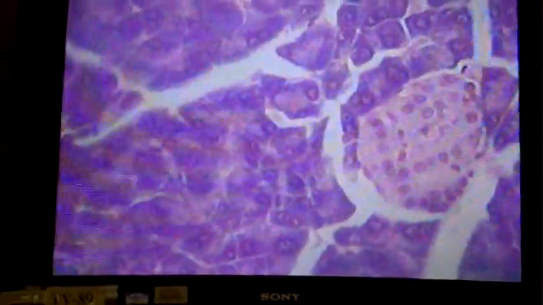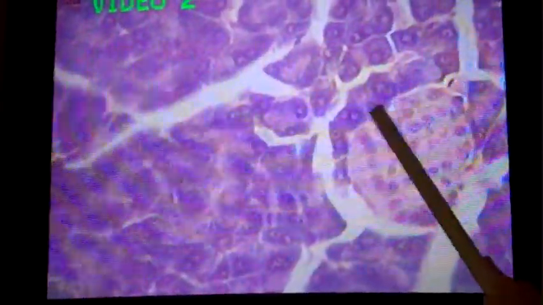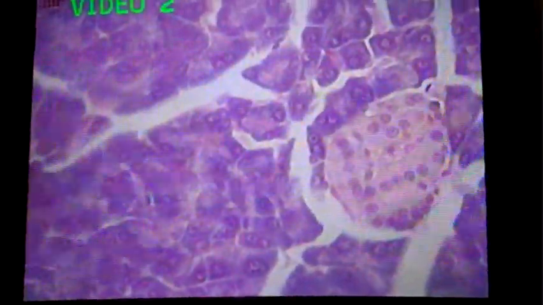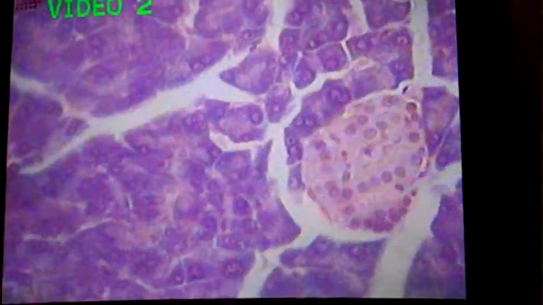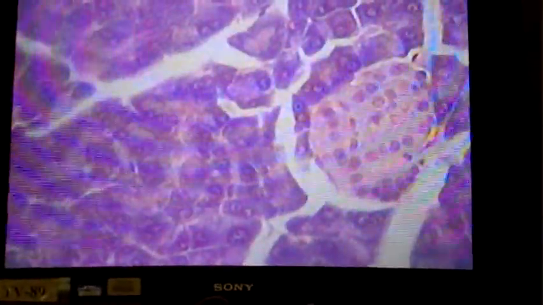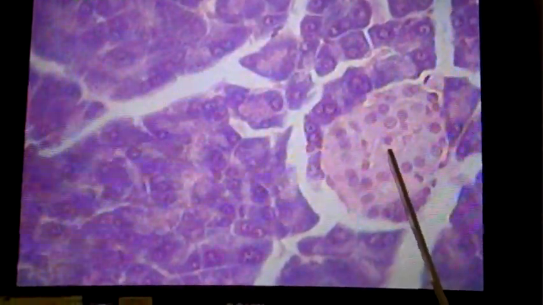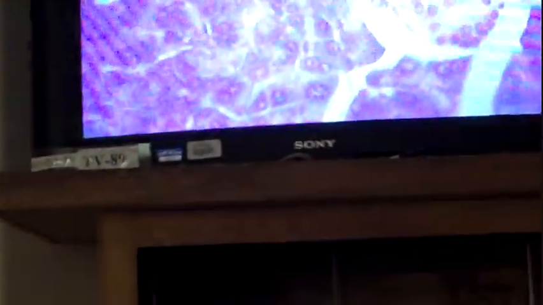Are these mostly round? Yes. Usually the clusterings are fairly rounded. That's one of the reasons they got their names as Isles of Langerhans, because they were easy to find when you slice. These secrete insulin and glucagon, and then the acini do the pancreatic juice.